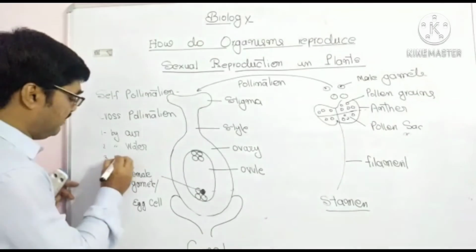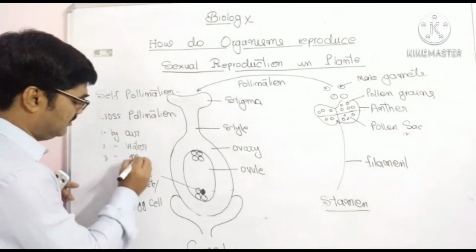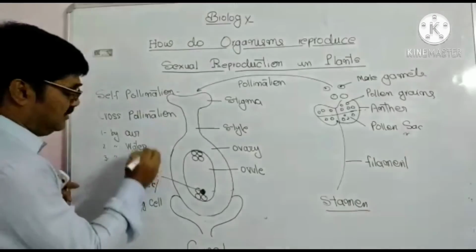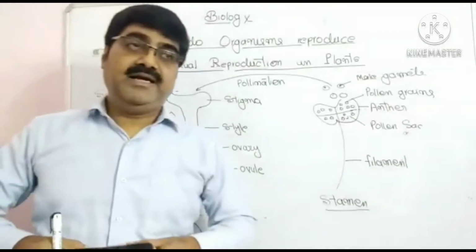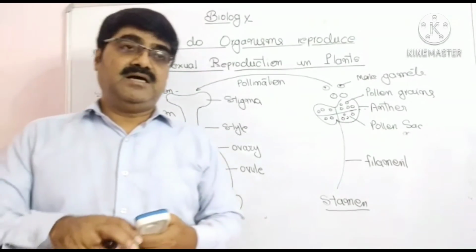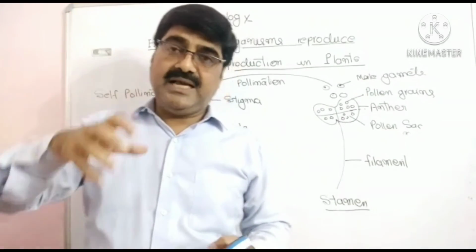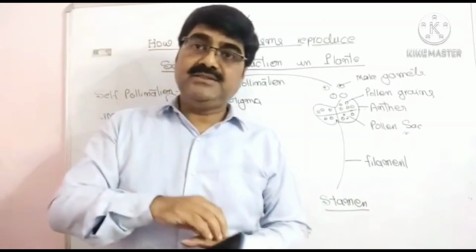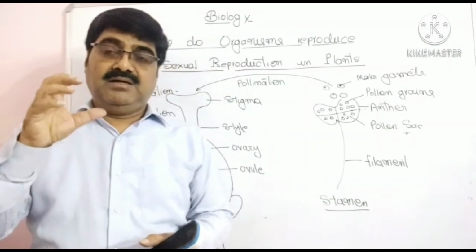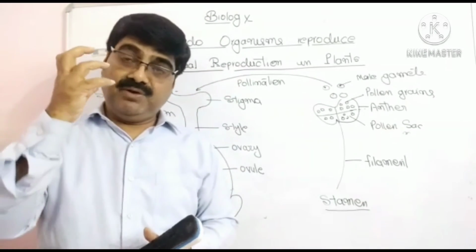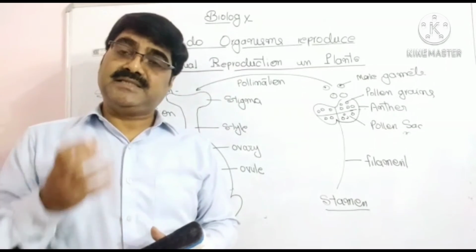And third is by insects. The insects help to pollinate these pollen grains. And the flowers which are pollinated by insects are beautiful.